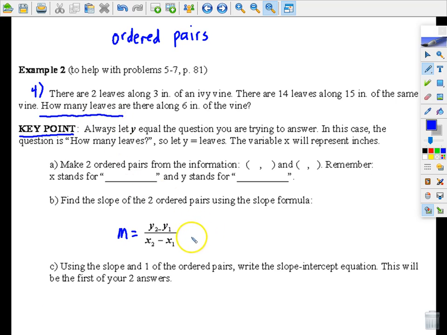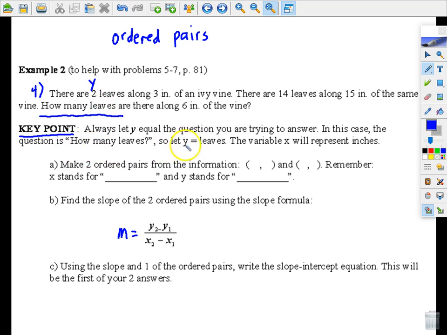Whatever the problem is asking you to find out, in this case, the problem ultimately is asking you to determine how many leaves. Since leaves is the unknown that it's up to me to find out, anything in this problem that has a number that talks about leaves, I'm going to identify as y.